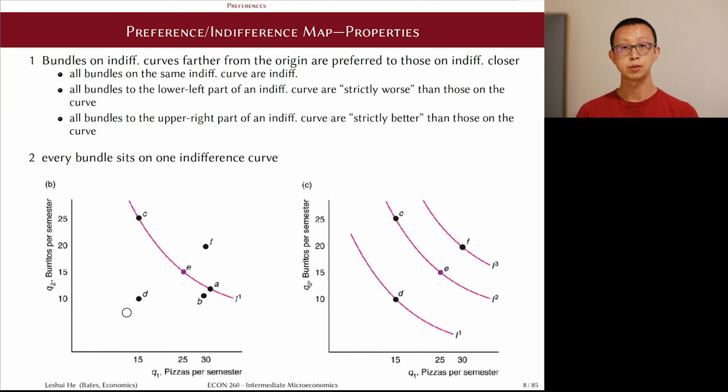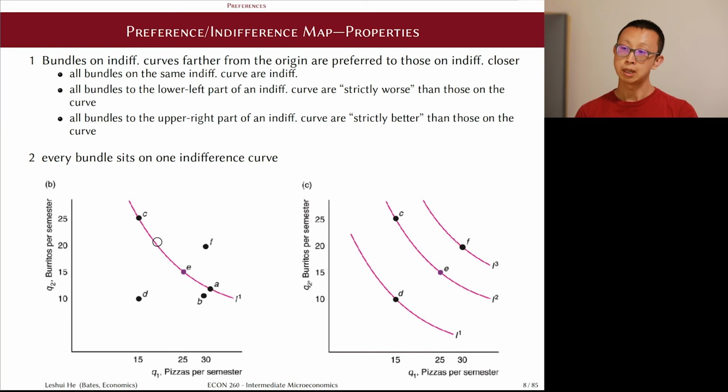Moreover, the indifference curve itself helps us carve the entire product space into three areas. The first area is just along the indifference curve itself. All the consumption bundles lying on the indifference curve are indifferent by definition.